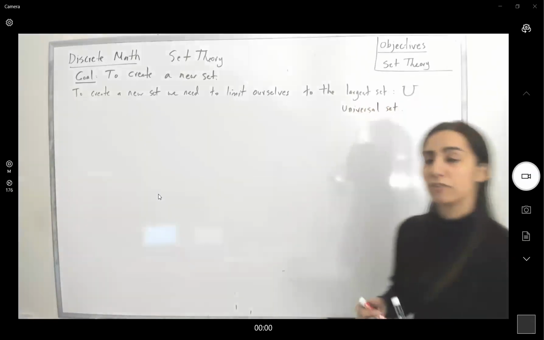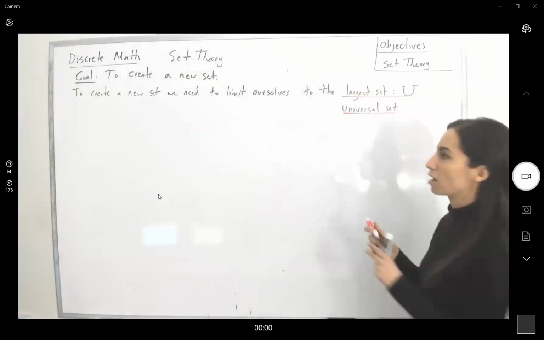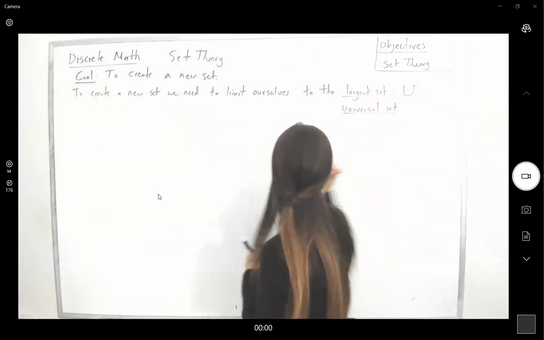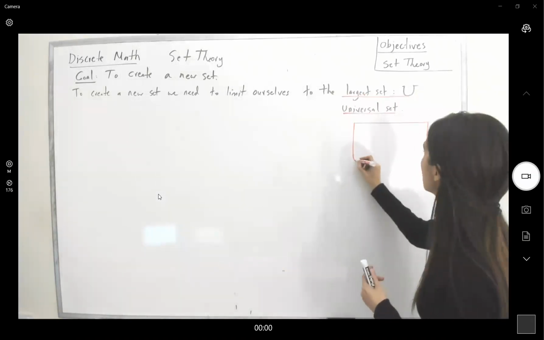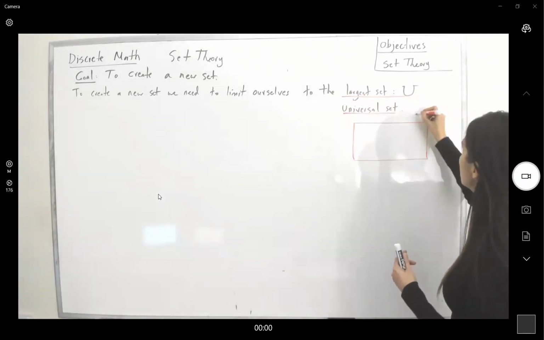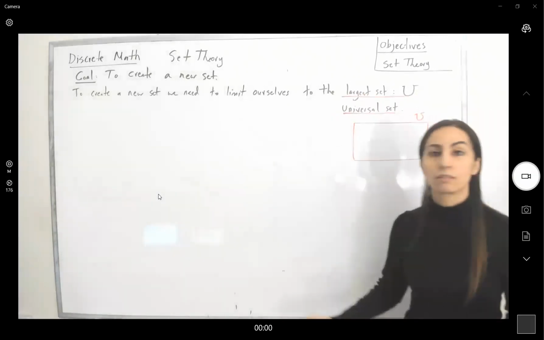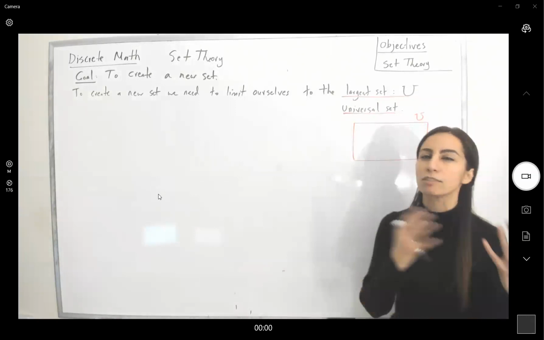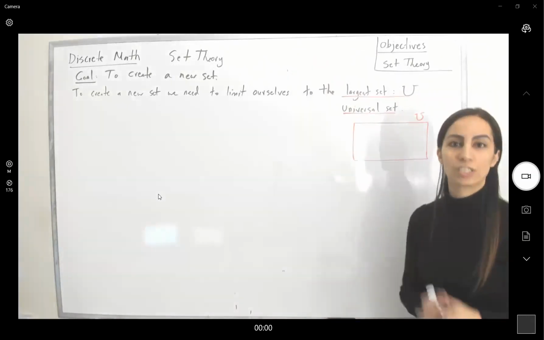In set theory, when you're talking about this universal set, we usually denote it by a rectangular shape, and we say that, hey, this is our largest set possible, or the universal set. Then we say that the rest of the sets are inside this largest set.